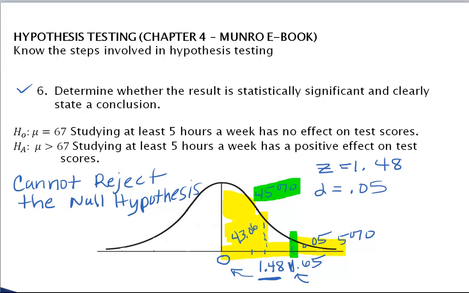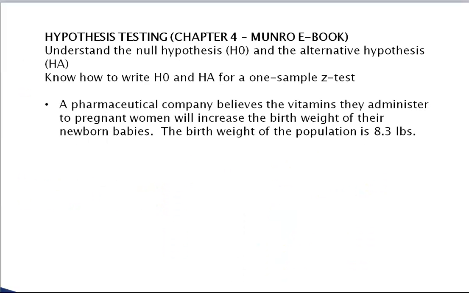So that was step number 6 of the hypothesis testing. So let's go on to the next idea. Here, know how to write and understand the null and alternative hypothesis. In the study guide, they have these letters large, but they're subscripts.